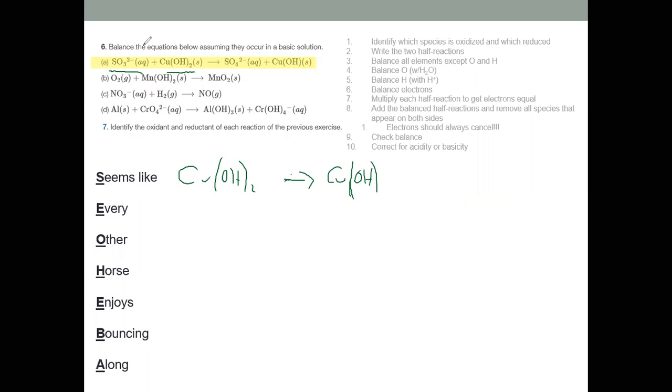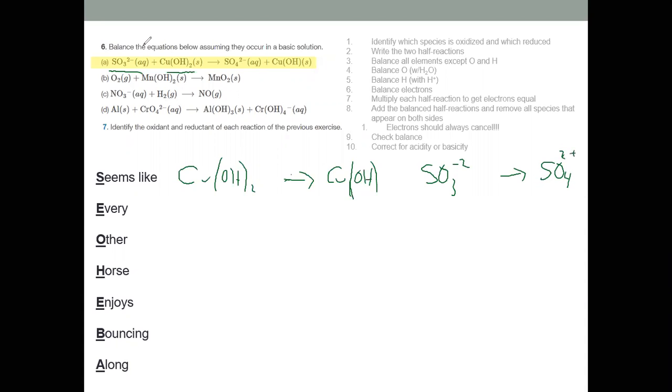Okay, and then we're going to do the same thing with SO3 2-. Make sure SO3 2- is also on the left side of its respective half reaction equation. And we have SO4 or sulfate on the right side. Okay. So why am I bringing that point out?